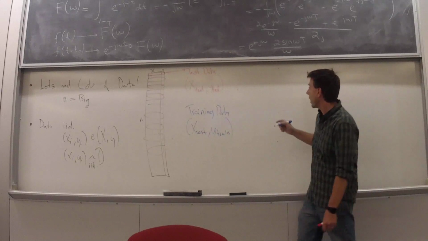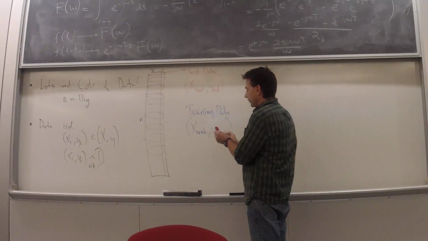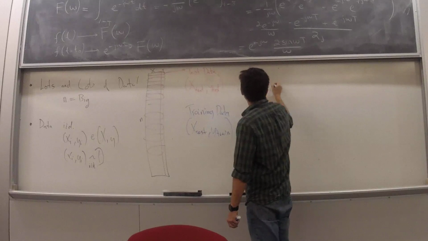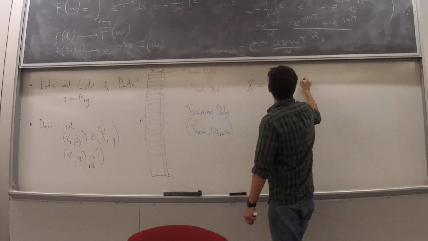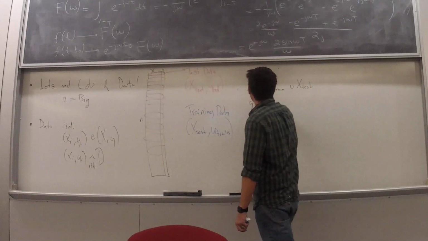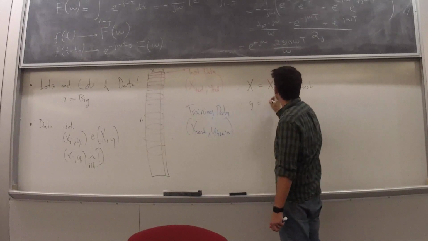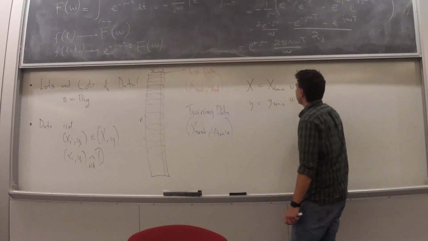We're going to have the property that X is the union of X train and X test, and similarly Y is the union of Y train and Y test.